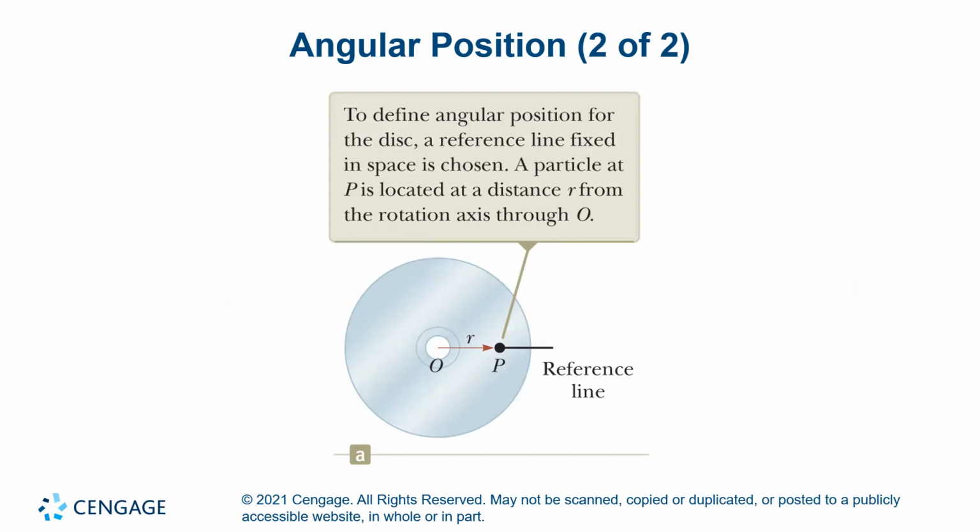So as the particle moves through angle theta from the reference line, every other particle on the object rotates through the same angle. So if there's another point, point Q, located somewhere else in the disk, that point will also rotate theta as the point P rotates theta. So all points rotate the same angle because we model the disk as a rigid object, with no deformation.